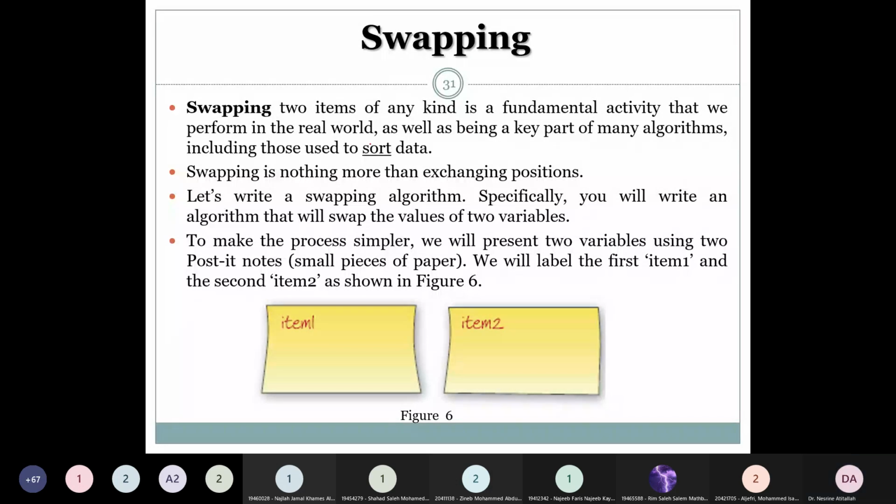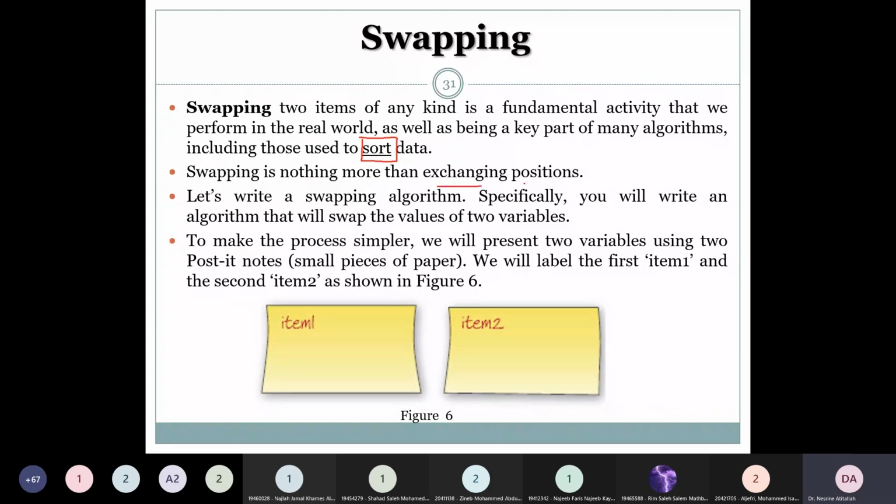Sorting data means keeping the data in a certain order: increasing order, decreasing order, ascending, descending, etc.